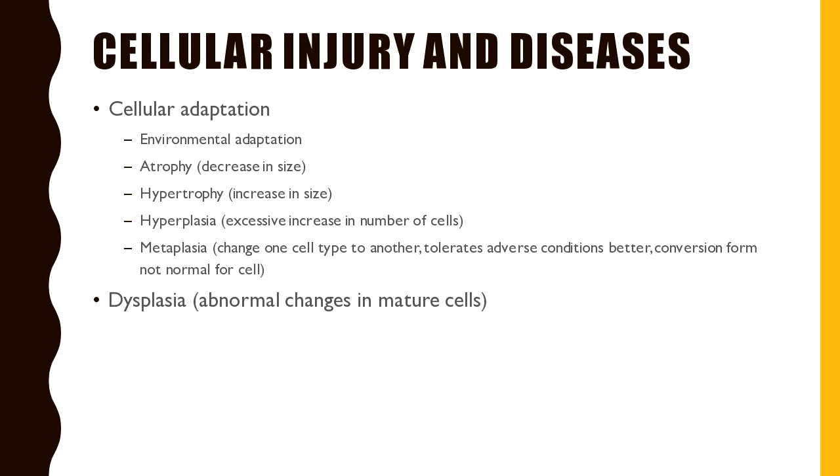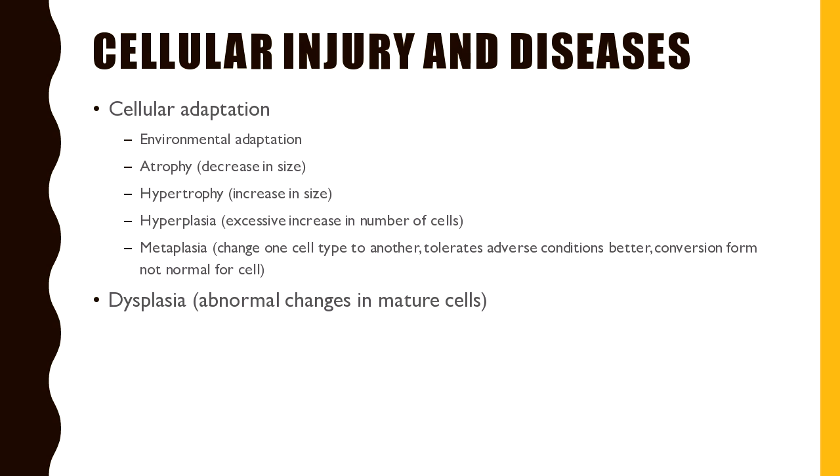Someone who, for example, is a smoker, their bronchial cells would change so that there is no longer cilia. That is metaplasia. It's a change in the cell. We still have epithelial cells, but they no longer have the cilia.